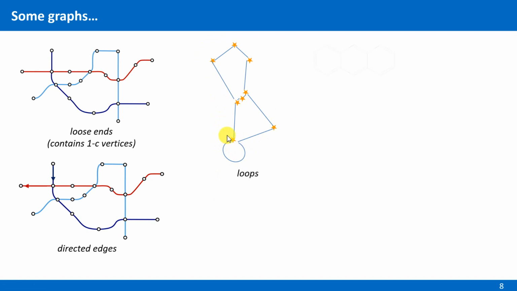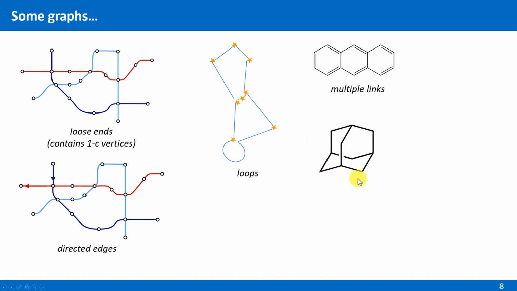Actually, in organic chemistry, graphs are used frequently. This is the graph of anthracene. But it is a non-simple graph because of these multiple bonds. But this would be a simple graph, the molecular graph of adamantane. But of course, it is finite, it is not periodic.